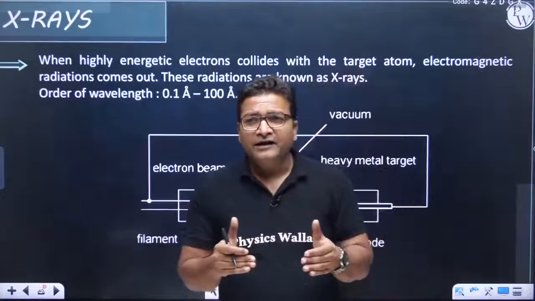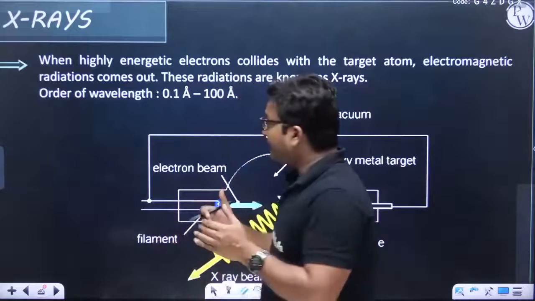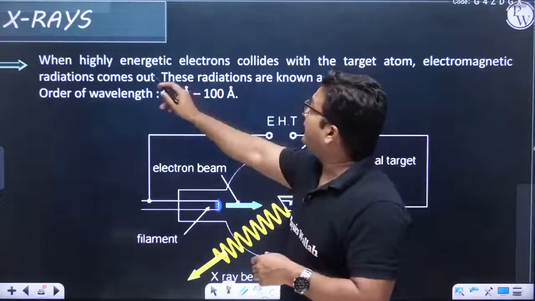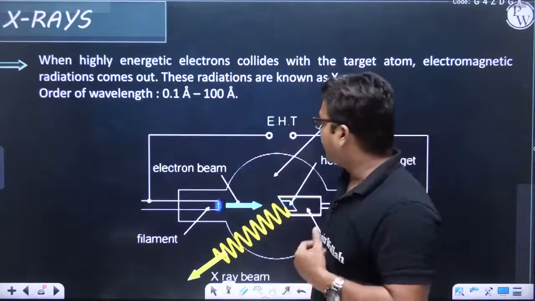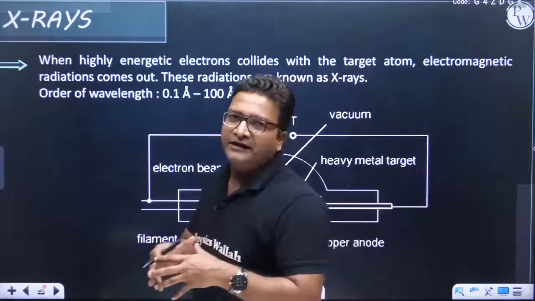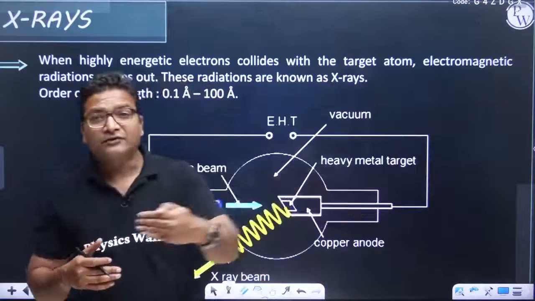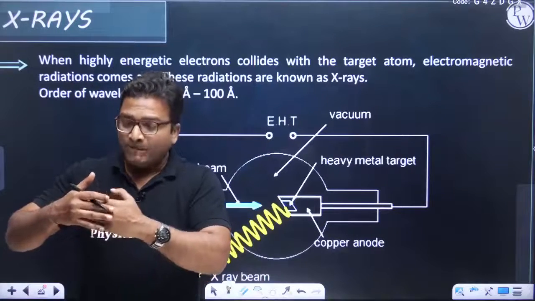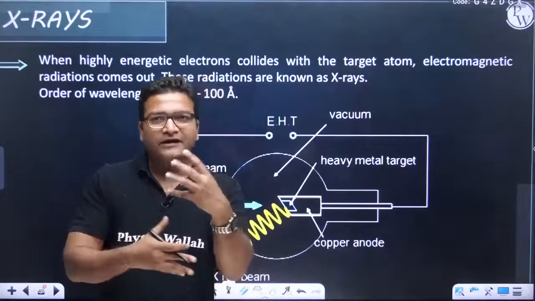These are actually highly energetic photons, and they are obtained when highly energetic electrons collide with target atoms. What are target atoms? These are basically atoms of a very heavy metal, and when high energy electrons collide with these heavy atoms, the X-rays are produced.